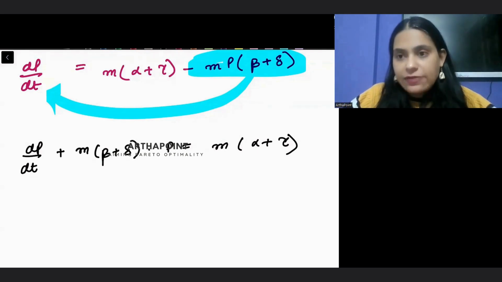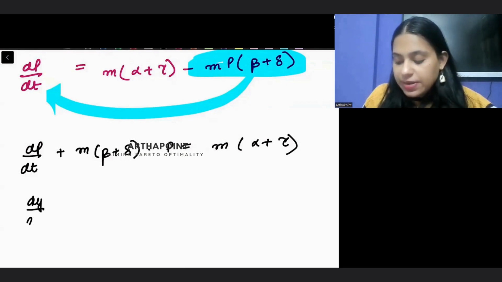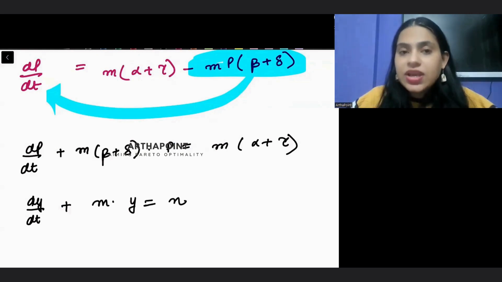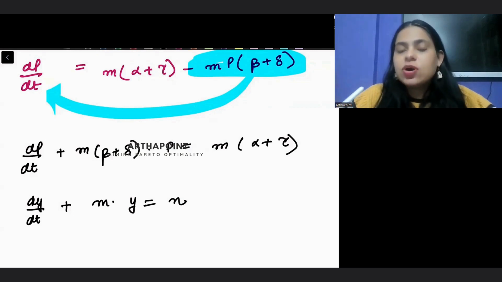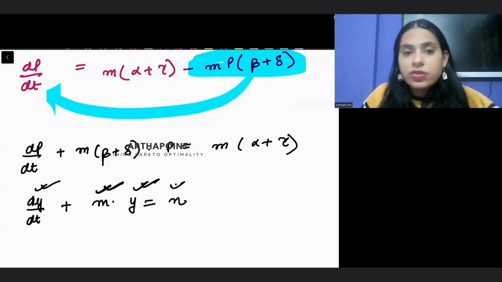So whenever we have any general differential equation format, which is of the form dy by dt plus m into y is equal to n, this is called as first order linear differential equation. इसको हम first order linear differential equation बोलते हैं. Why first order? Because the order is 1. Why linear? Because I don't see any power here.